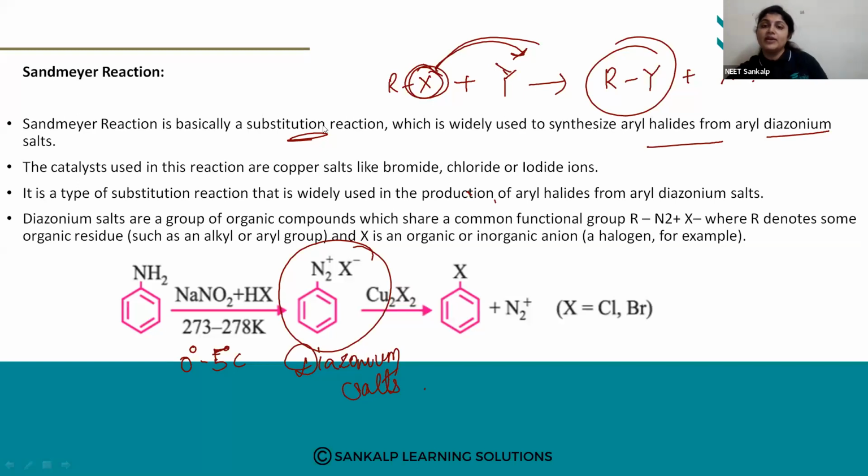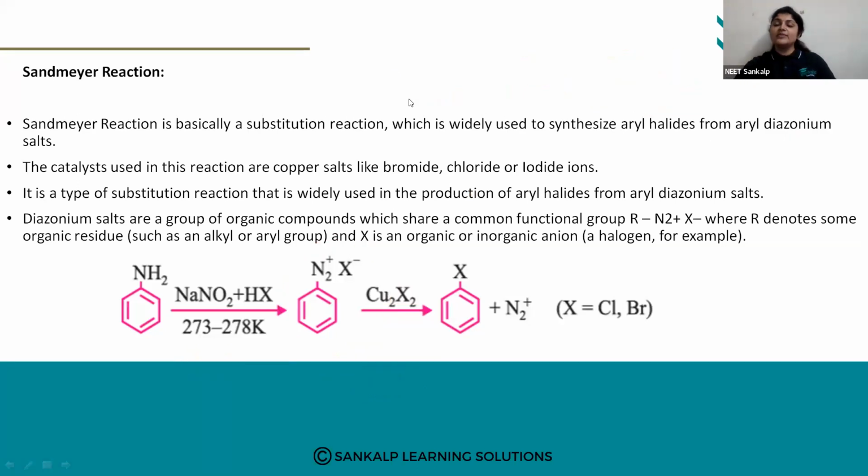So for Sandmeyer's reaction, the diazonium salt should be freshly prepared diazonium halide only. Whenever a freshly prepared diazonium halide is mixed with cuprous chloride or bromide, it forms chloro or bromoarenes. So this reaction is called Sandmeyer's reaction.